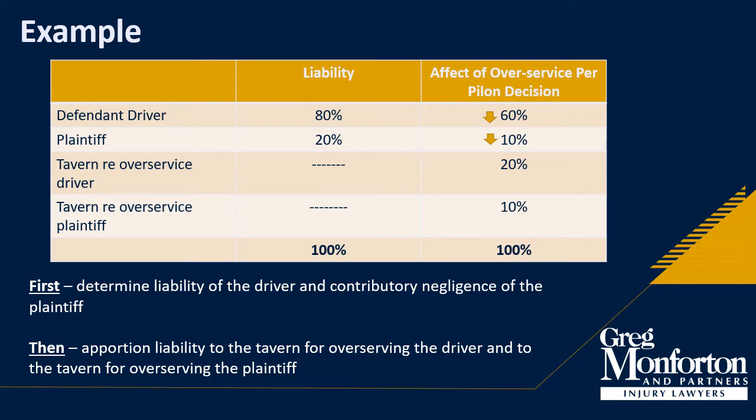So in this case, the tavern would be held to be 30% responsible at the end of the day, 20% because of its conduct towards the driver, and 10% because of its conduct towards the plaintiff. The defendant driver would be 60% at fault, and the plaintiff would be 10% at fault. And you'll see all of those add up to 100%, and that's how the liability would ultimately be apportioned.